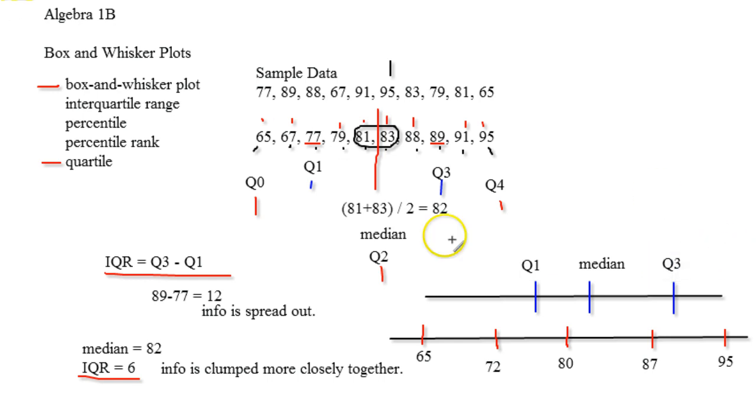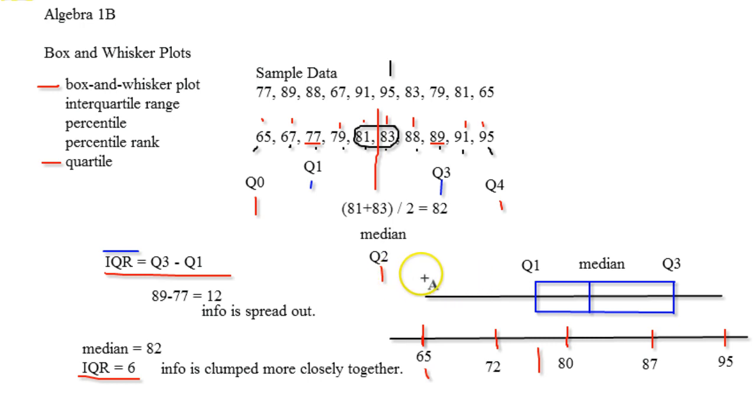Okay, alright, now that you have that information, you can actually just complete the box along the top and the box along the bottom. Okay, now if you notice earlier when I was talking about the interquartile range, I could talk about the spread. Now we could really see it. Here's the really cool thing: the information between the 65 and this 77, this is 25% of the information.